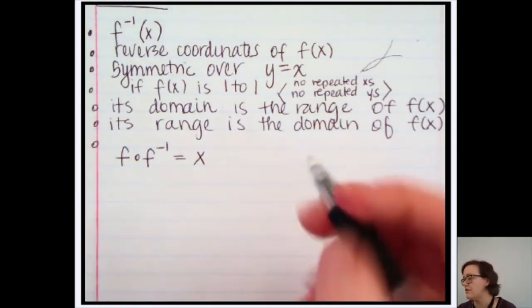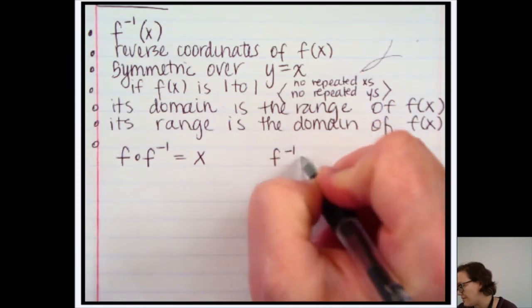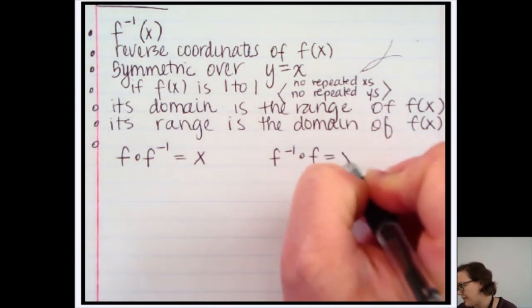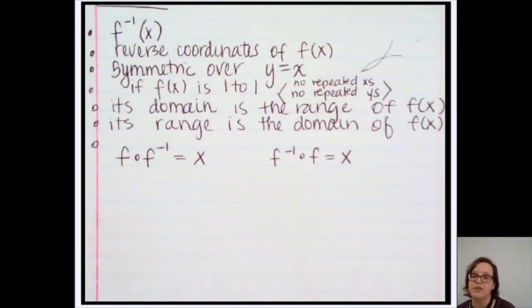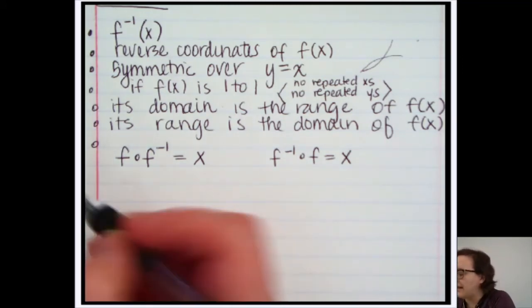They undo each other, and that happens if you do it both ways. So if we are asked to algebraically prove that two functions are inverses, all we have to do is take the composition both ways, and if it equals x, then we'll know that they are inverses of each other.